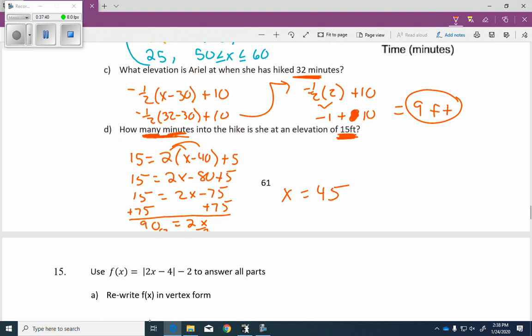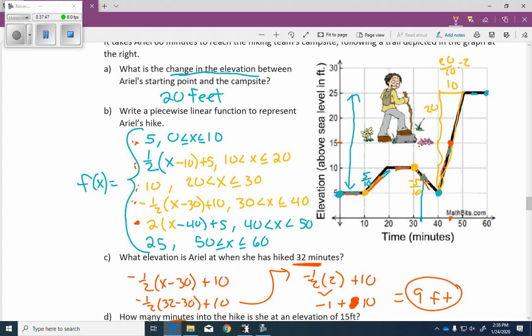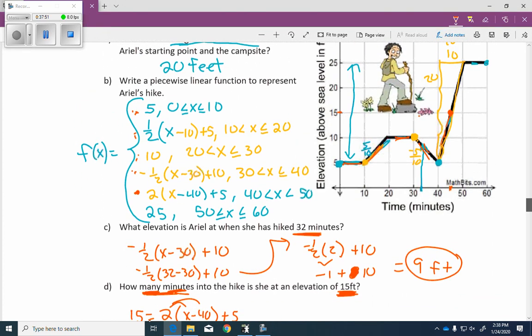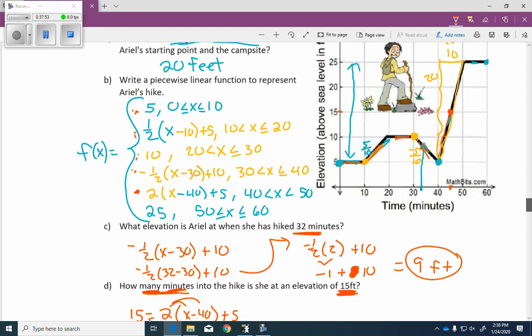And that's minutes. And I did say before it was between 40 and 50, so 45 seems to make sense. Remember, what you do algebraically has to make sense with what you have graphically.